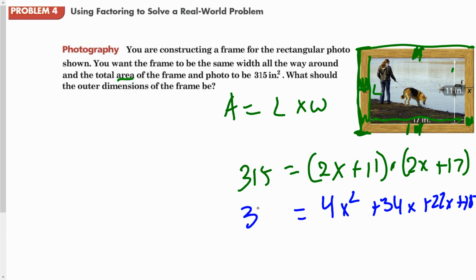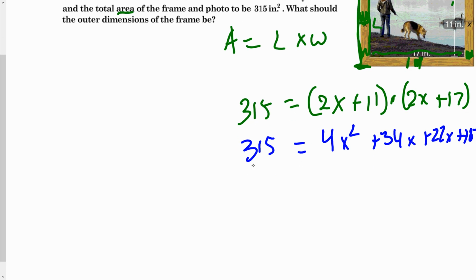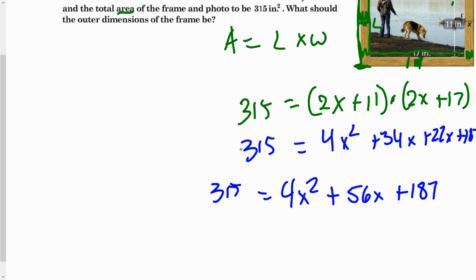So right now that equals 315, but in order to do what we have been doing, don't we got to set that equal to 0? So I got to take 4x squared plus 56x plus 187 equals 315, and I got to subtract that 315 because I need that to equal 0.